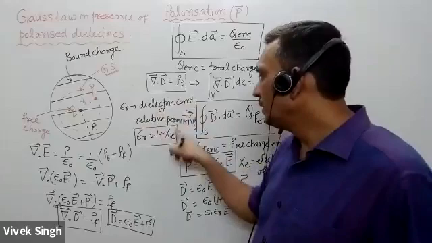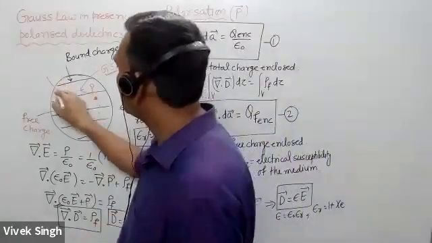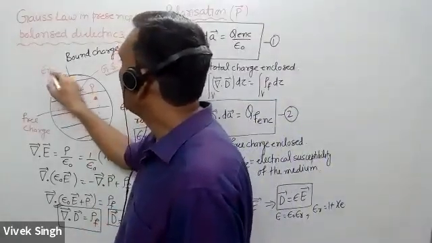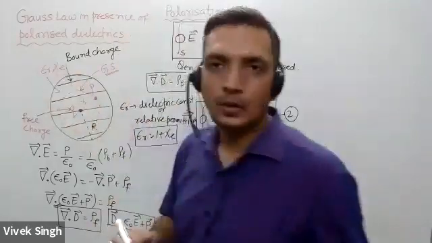So when chi E is given, you know epsilon R also. Epsilon R or chi E, that is a known parameter.